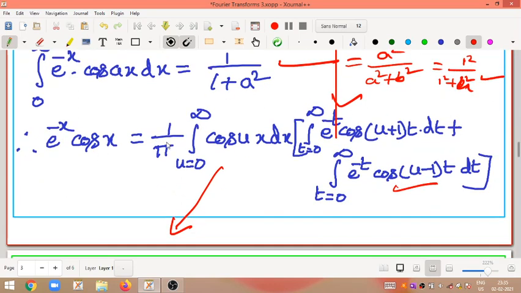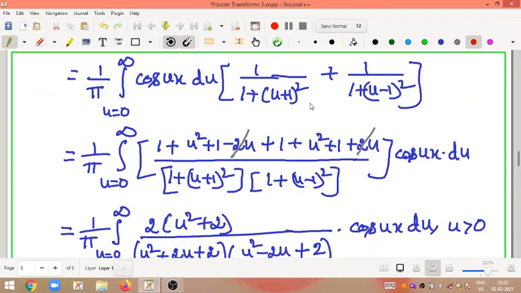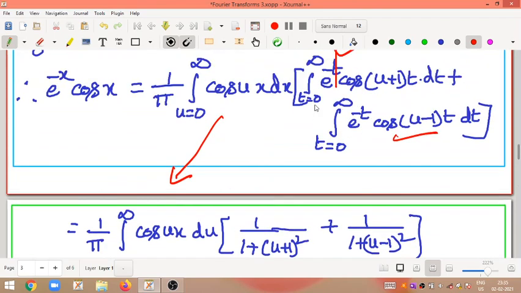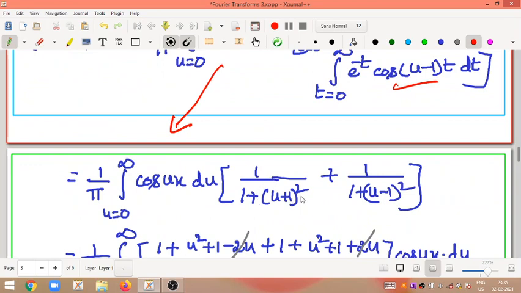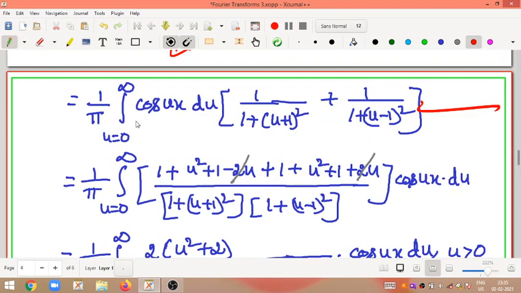Now coming to this one. See here, this value becomes 1 by 1 plus u plus 1 whole square plus 1 by 1 plus u minus 1 whole square. So 1 by pi, write integral 0 to infinity, this one cos I am taking here last.